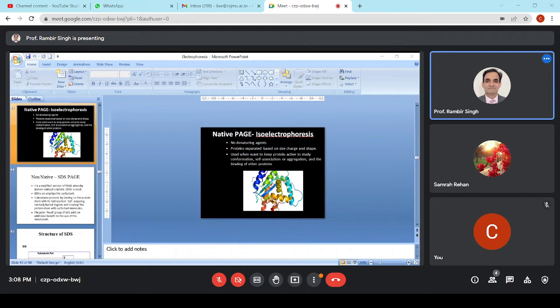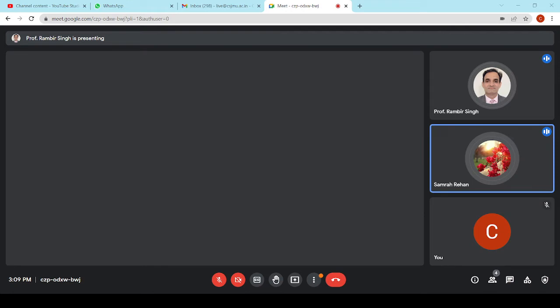While moving down the pH gradient, it will come across a pH where it becomes zwitterionic. Wherever it becomes zwitterionic, its electrophoretic mobility becomes zero, and it is fixed here. We call it focused here.